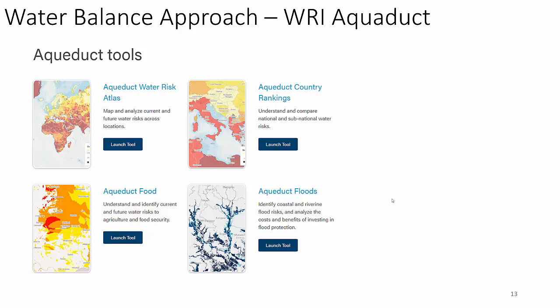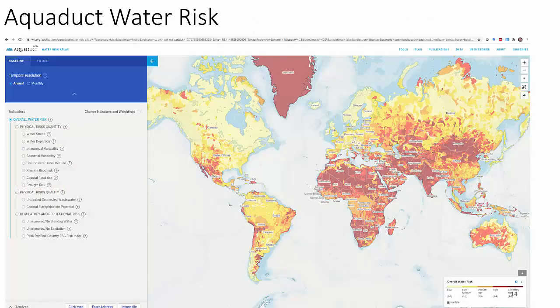Aqueduct is an incredibly powerful mapping system. We can assess water risk, food risks, country rankings, and floods with Aqueduct. Now, these are a high geospatial resolution, that is a fairly large resolution. You can zoom in a little bit, but it gets pixelated pretty quick. So it's really subcontinent level resolution, but it's incredibly powerful.